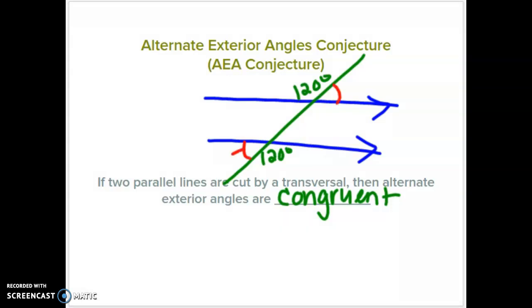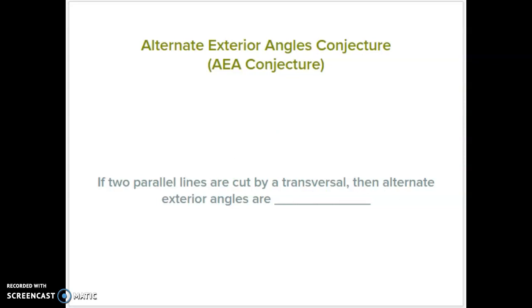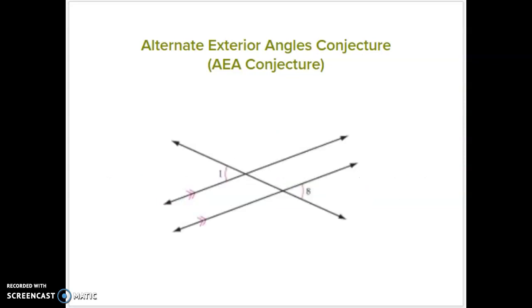This angle and this angle. Okay, so there's only two sets of alternate exterior angles and two sets of alternate interior angles. Remember, corresponding had 4 sets. So if you want to go back to your picture, and if you want to put congruent markings here by angle 1 and angle 8, that would be a good idea.